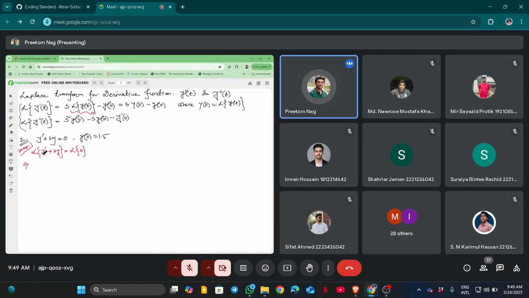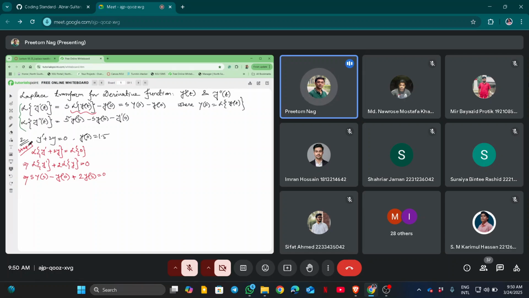So we know that the Laplace transformation for y prime plus 2y can be written as the Laplace transformation for y prime plus 2 times the Laplace transformation for y. And the Laplace transformation of 0 is always 0. So by another formula, that would be s Y(s) minus y(0) plus 2 Y(s) equals 0. So therefore we will have Y(s)(s plus 2) equals y(0).